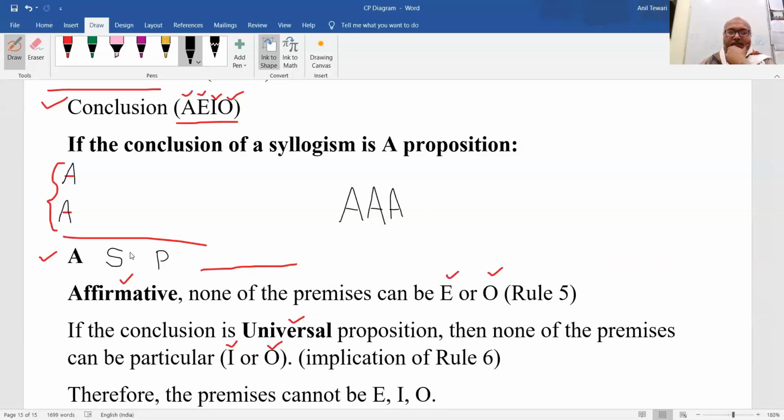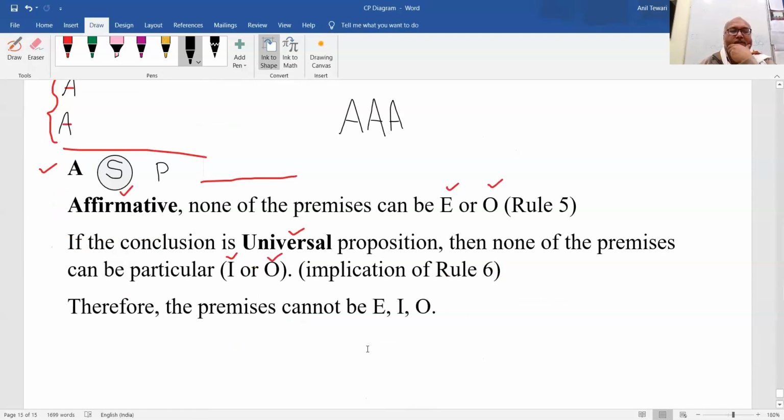Okay. So the assumption is that your conclusion is A, and you know that A proposition distributes its subject term. ये आपको जैसे distribution देखा तो आपको ये पता लगा कि conclusion distributes its subject term.